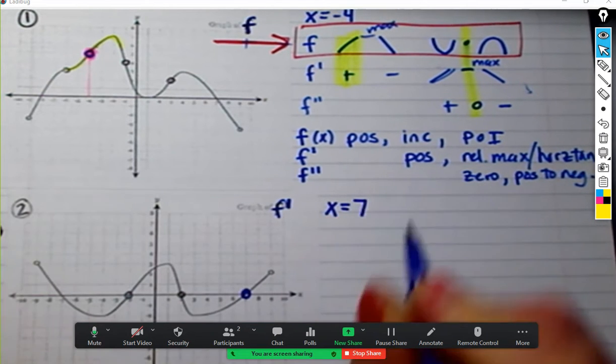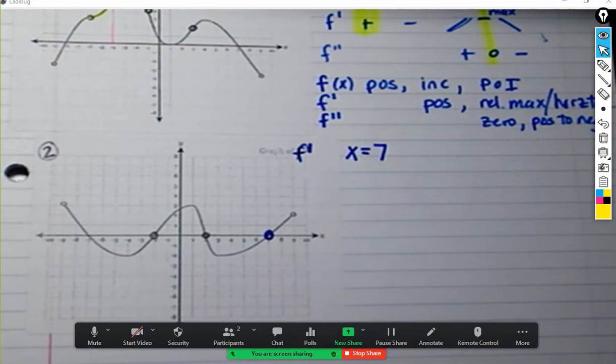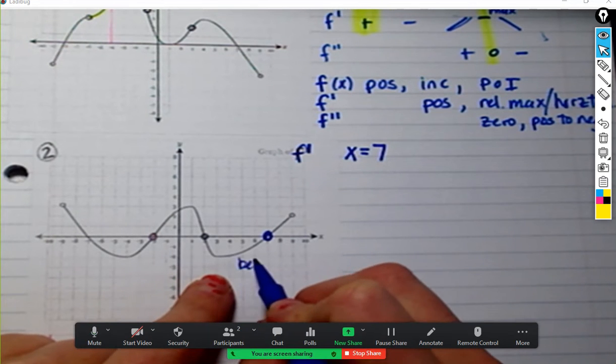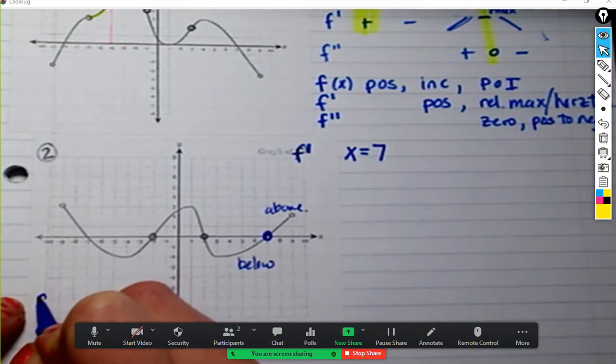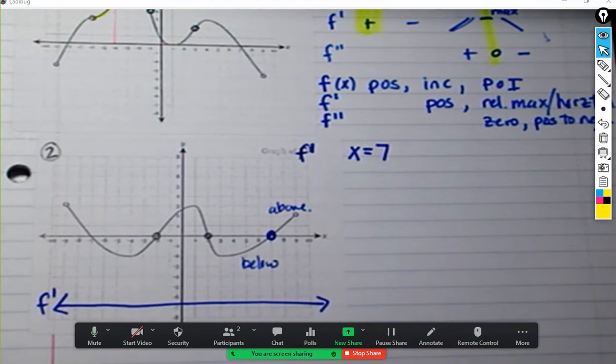So we're going to look at x equals 7. All right, so I'm thinking of my chart, and I want to write my chart in the correct order, okay? So notice that this is below, okay? And this is above. I want to turn this into a number line, okay?